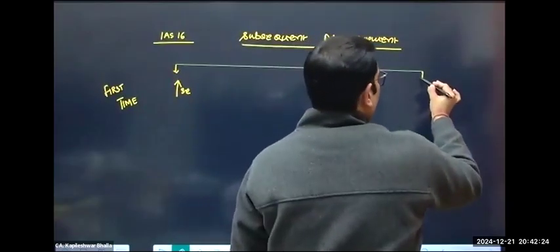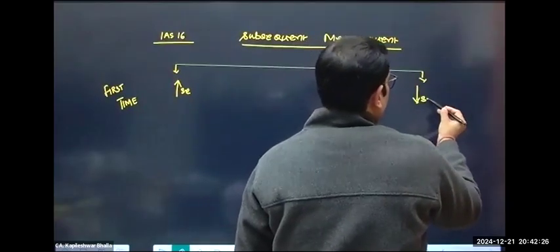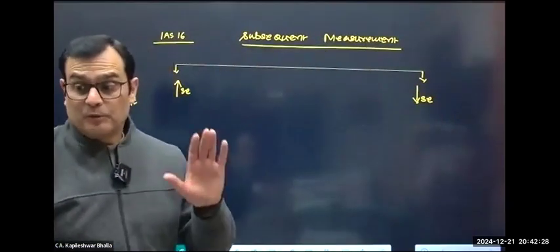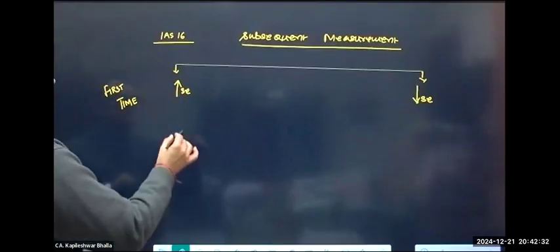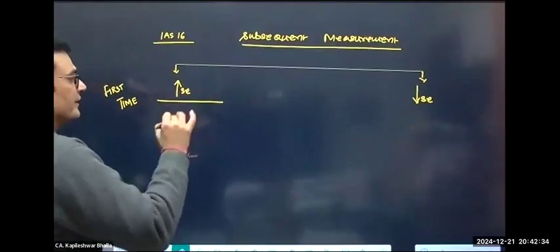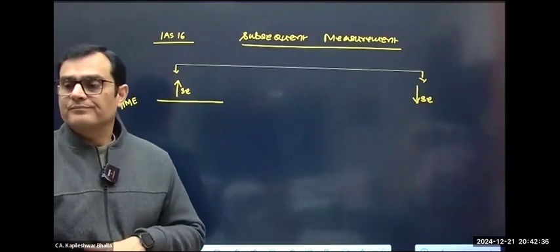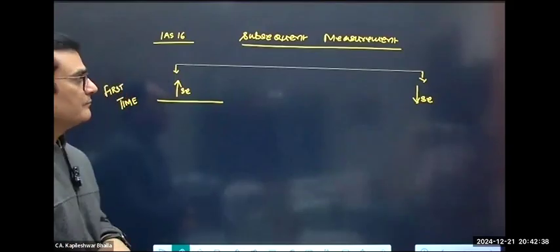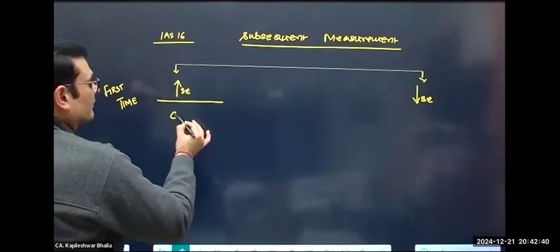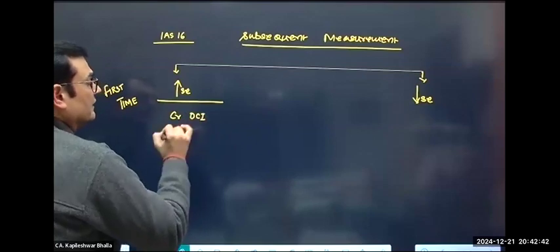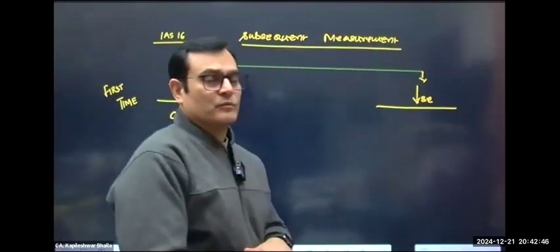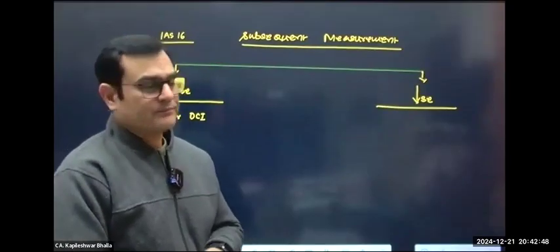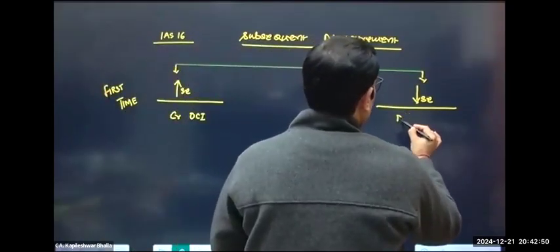Or is it a first-time decrease? When you revalue the asset, you get a loss. Let me put this question to you. If there is an unrealized gain, where do I put this, P&L or OCI? OCI. Beautiful indeed. I'm going to credit other comprehensive income. And if there is a decrease, an unrealized loss, where do you put it? P&L. That's right. I'm going to debit the P&L.